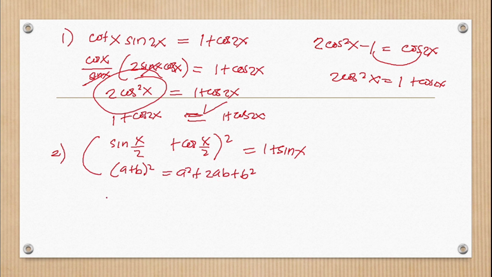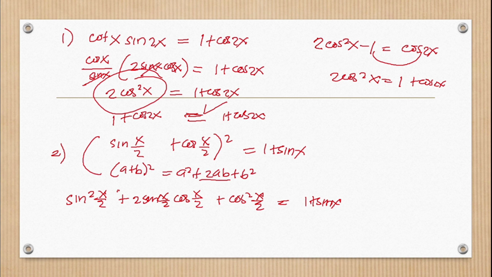So we have sine squared x over 2 plus the product of a and b, we have 2 sine x over 2 cosine x over 2, plus cosine squared x over 2 is equal to 1 plus sine x.